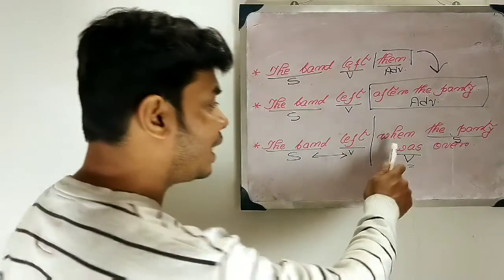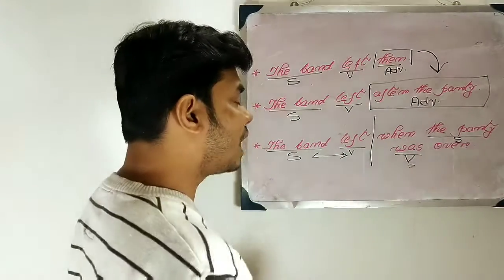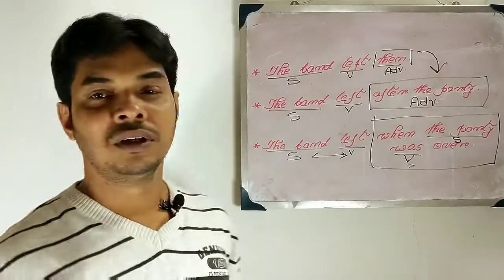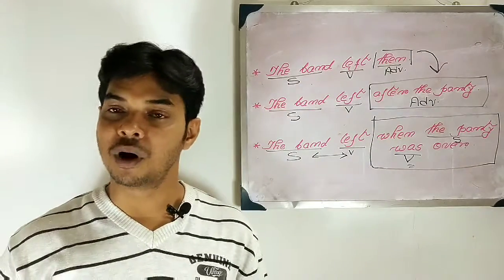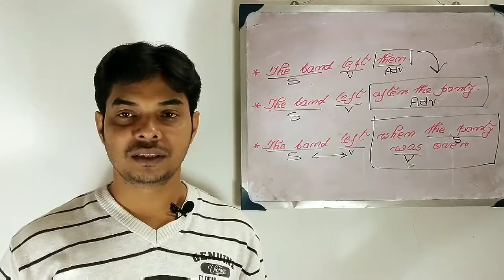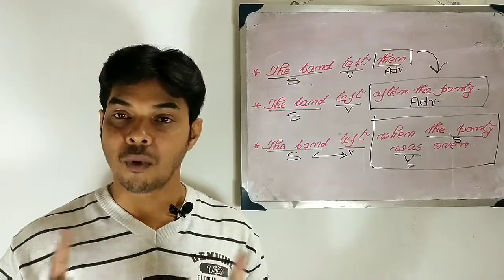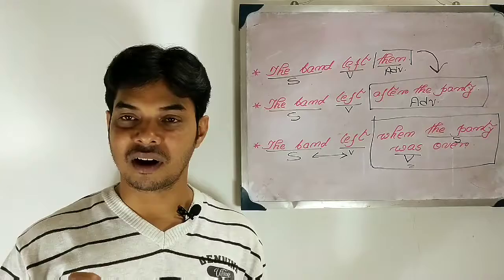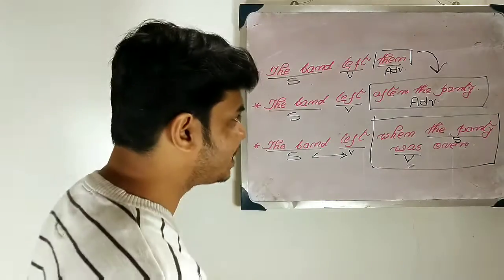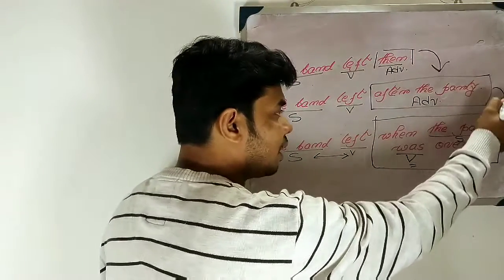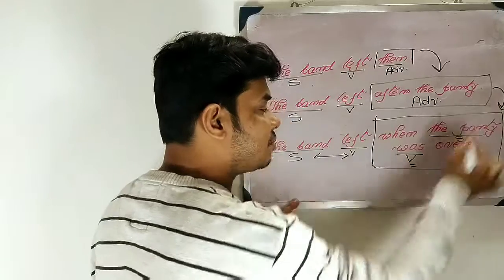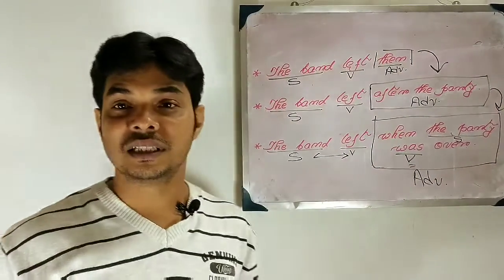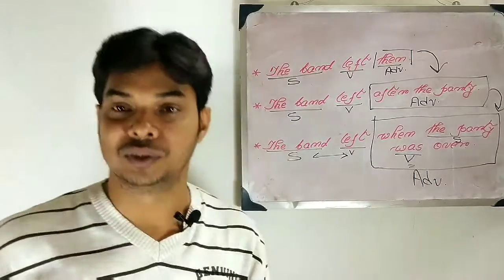So what finally do you get? You finally get 'when the party was over', and this part is also formed of a group of words. These are the words which form a group, and that is used in a sentence to give us a sense of time, the same thing that we have found here. So from phrase it is shifted here as an adverb, but this time it is an adverb clause.